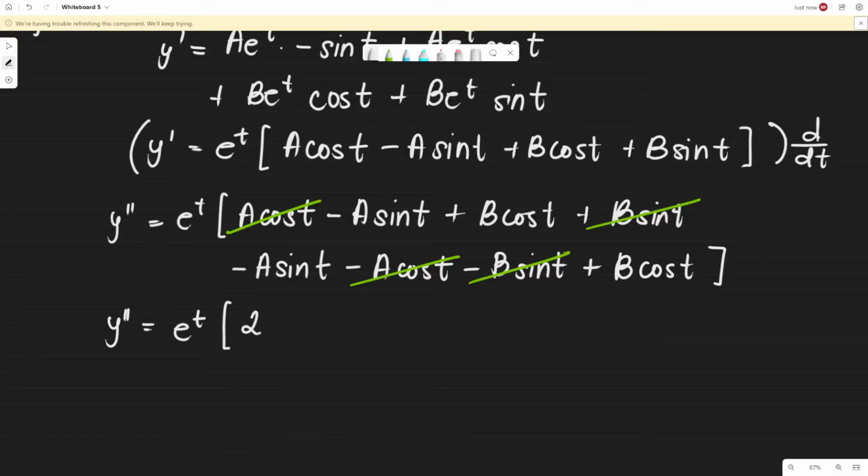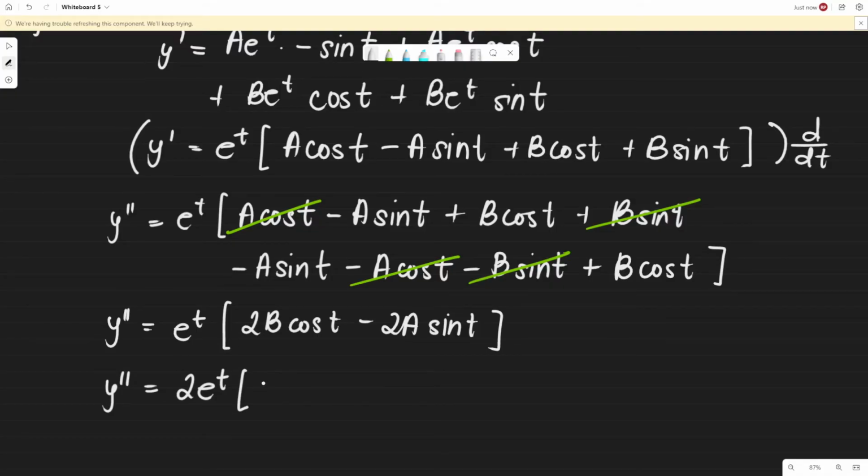So we have 2b cos t minus 2a sin t. Okay, so we have our y double prime equivalent to 2e raised to t times b cos t minus a sin t.